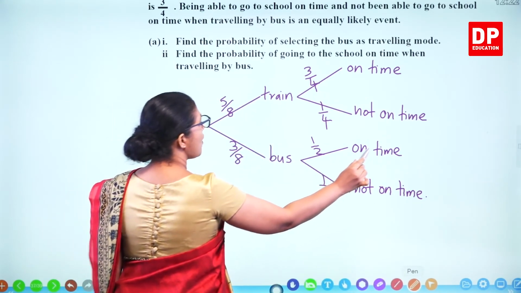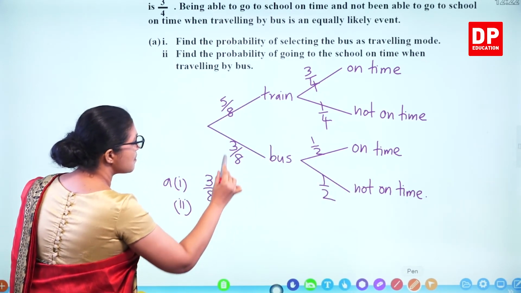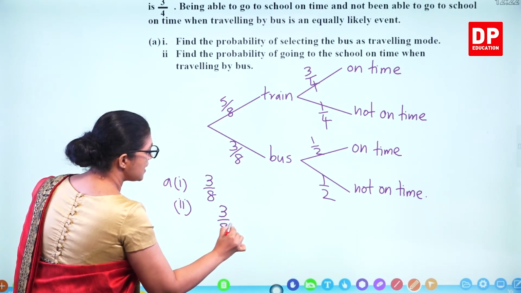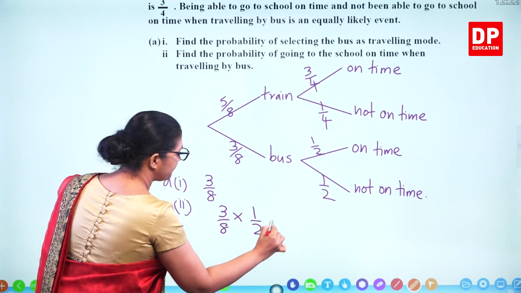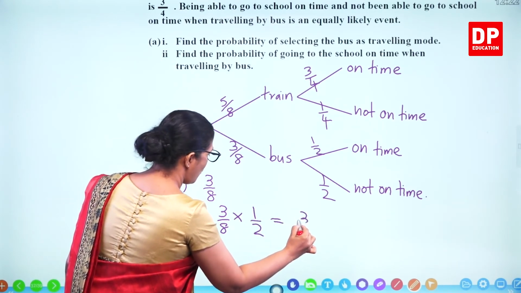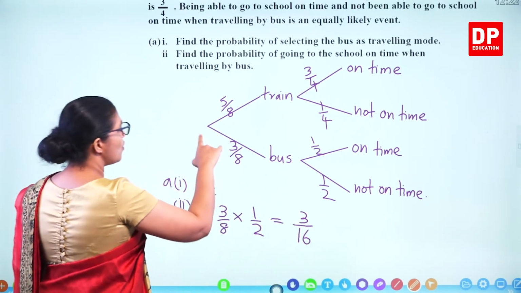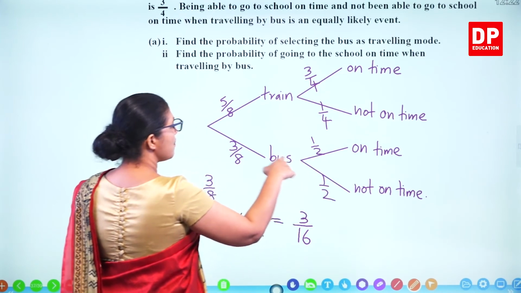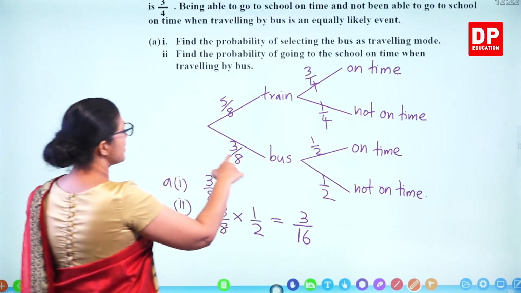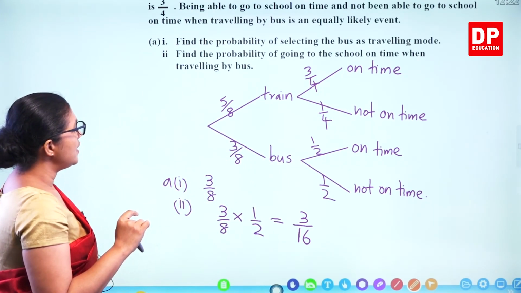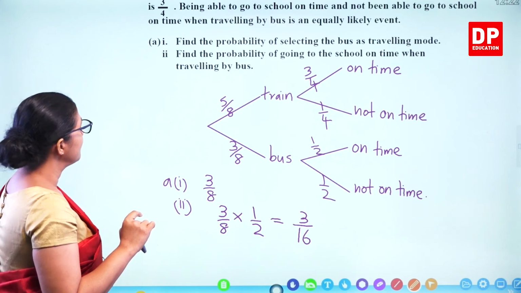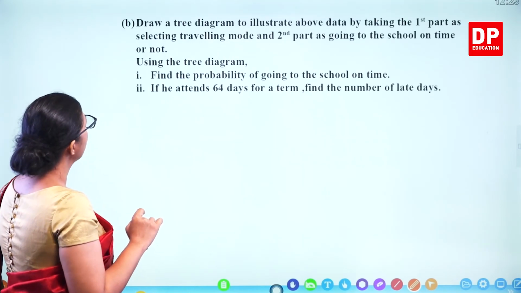On time by bus is this path: 3/8 and half. That's 3/16. So by bus on time, this path you have to select, 3/16. So that's only two paths.